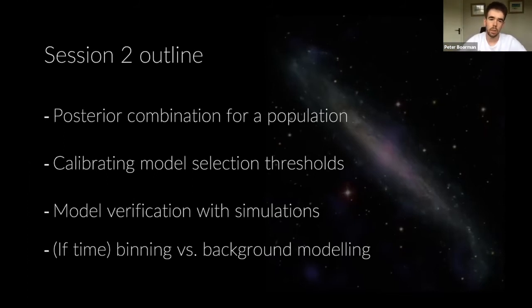Then we are going to talk a little bit about model selection and the model selection thresholds. Yesterday I mentioned that in terms of Bayes factors, sometimes you can assume that a value of more than, say, 100 is very strong to favor one model over another, but the exact number does depend quite significantly on various things, such as the data quality that you're actually fitting, right?